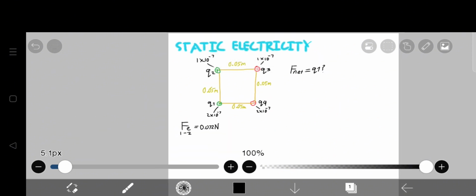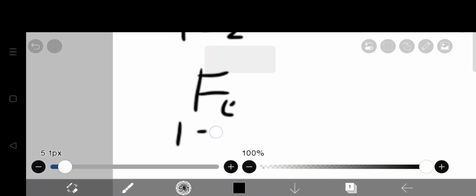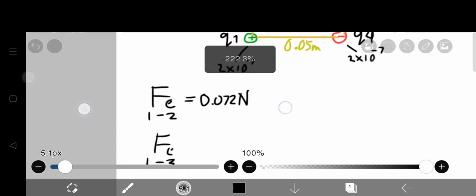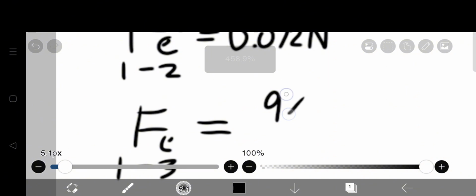So next, we will find the force between Q1 and Q3. So gagamit lang ulit tayo ng Coulomb's law o yung Coulomb's formula. So again, Fe is equal to 1 to 3 since Q1 and 3 yung hinanap natin. So that would be the Coulomb constant, which is 9 times 10 raised to 9.